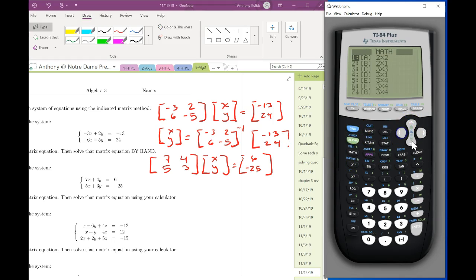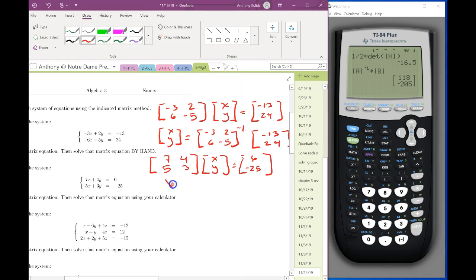And then in matrix B, I'm going to type in my solutions matrix. Again, you can see that I've already done that in advance of the class. And so what I'm going to do then is I'm going to go to my matrix, select matrix A, get its inverse, and then multiply it by matrix B, and press enter. So that tells me that x is 118 and y is negative 205.